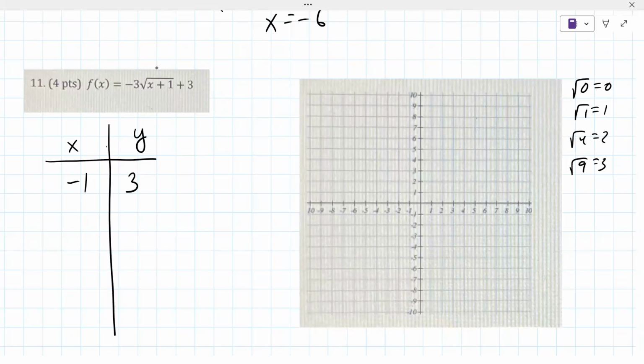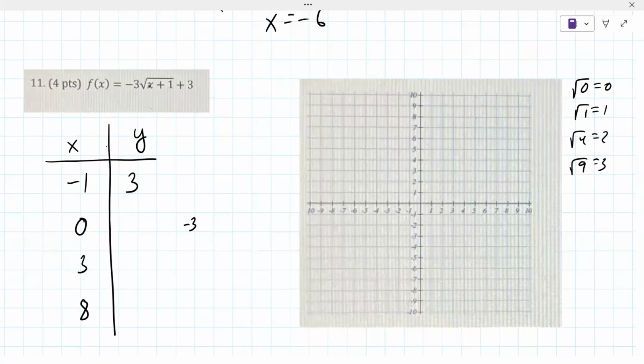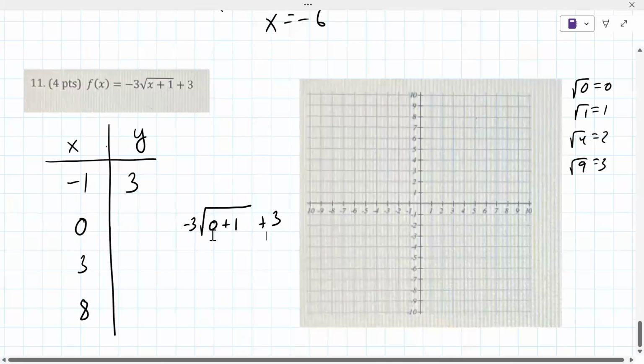So now we're going to pick a few more values to put in for x. Okay. I've already done one for you here. When you put 0 into this function, you get -3 square root of 0 plus 1, plus 3. Order of operations says you start on the inside.